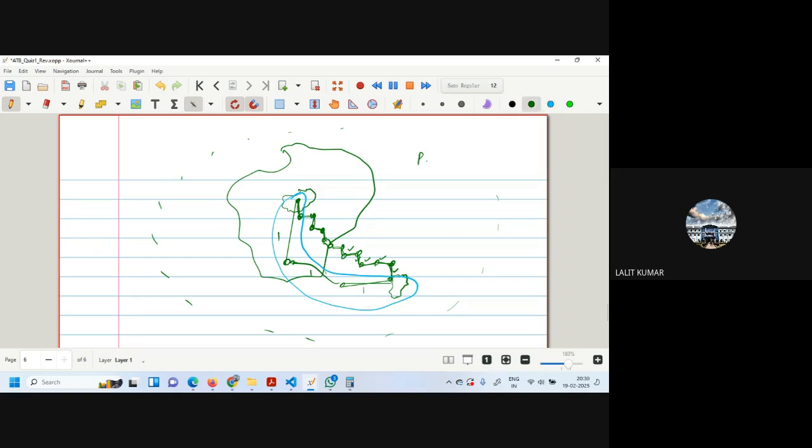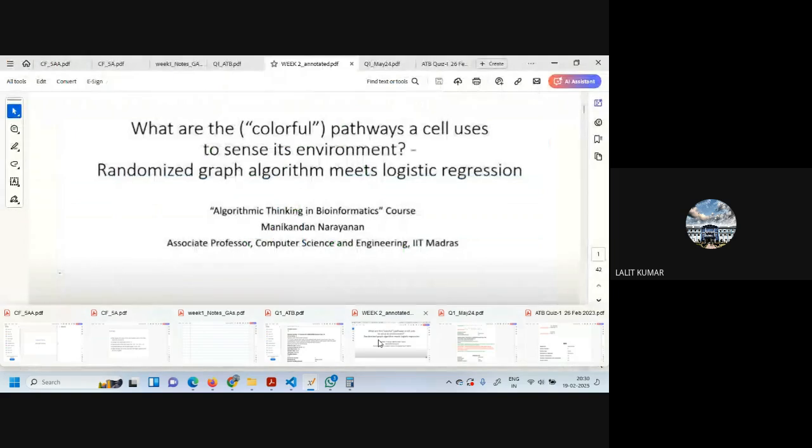The one having the maximum probability will be the simple path from this amino acid to this particle. This is the main concept of your week 2, and we'll see how to find that.